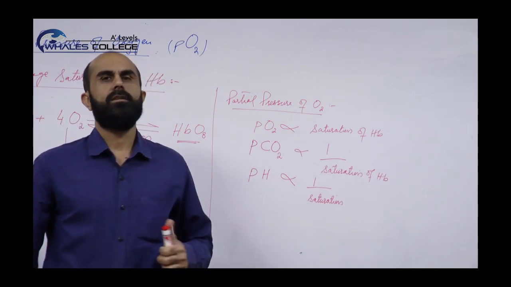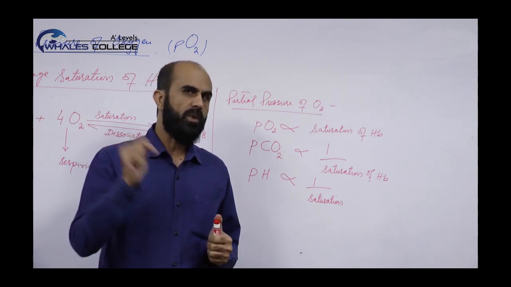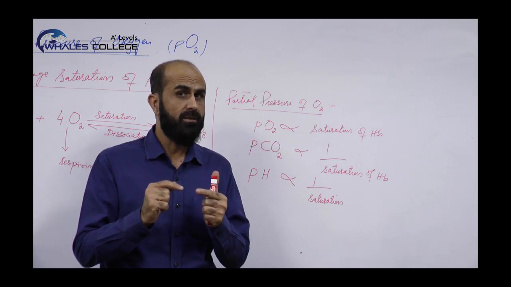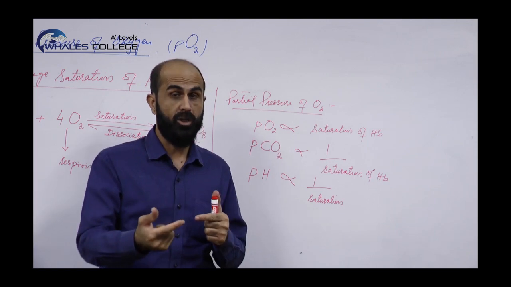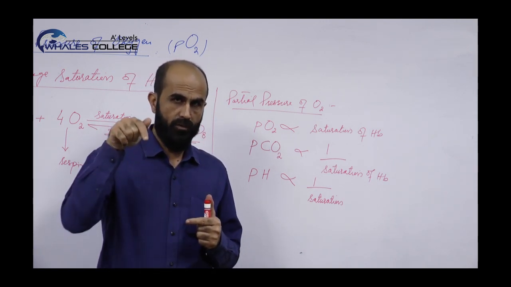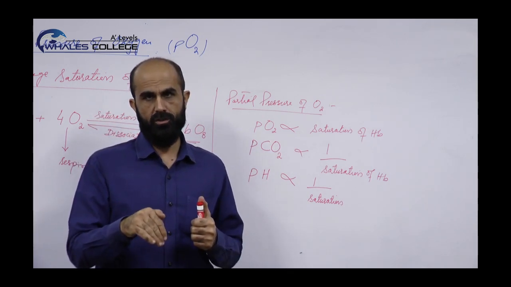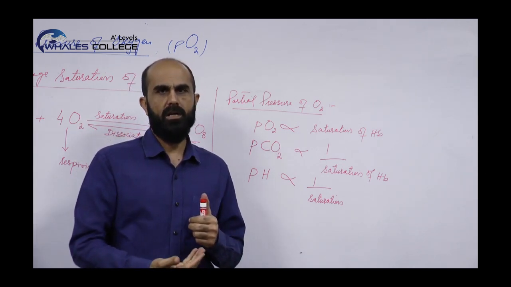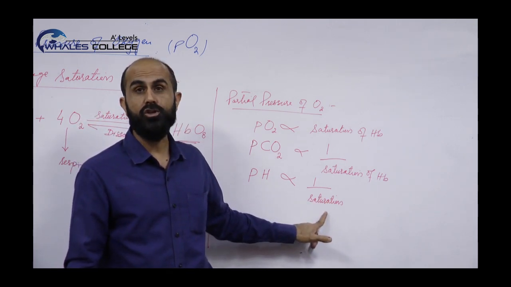Carbon dioxide is constantly produced in the respiring tissues, and carbon dioxide production makes the pH low. Why? Because you have been told in chemistry that carbon dioxide has acidic properties. So when carbon dioxide dissolves in the plasma, in the tissue fluid, it lowers the pH. This lower pH triggers the hemoglobin to release oxygen.